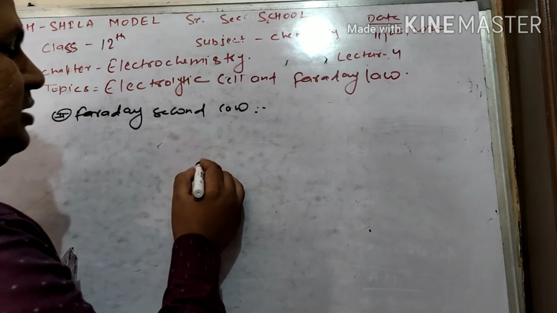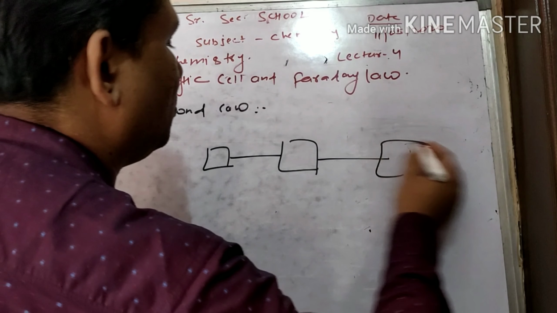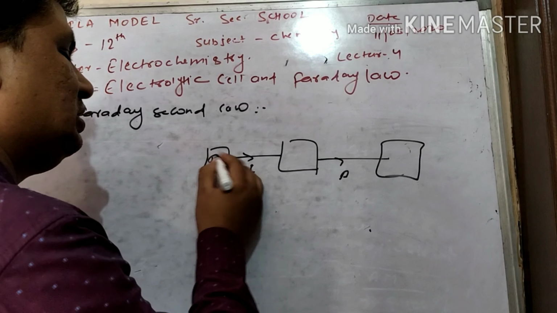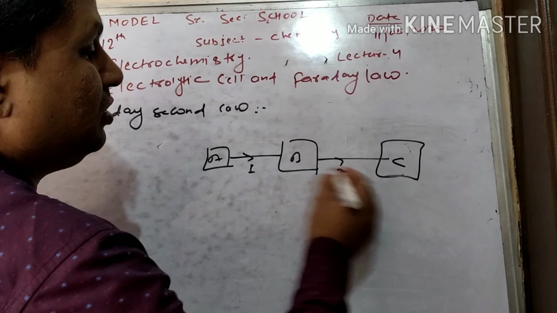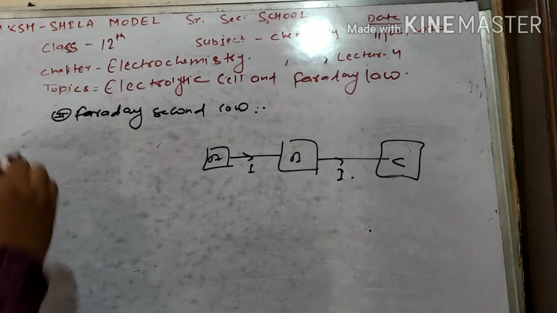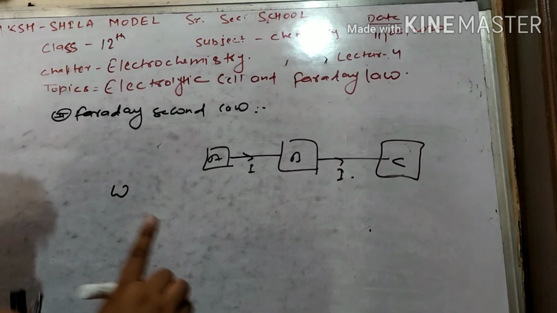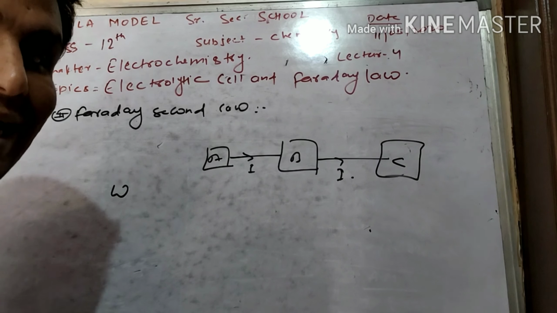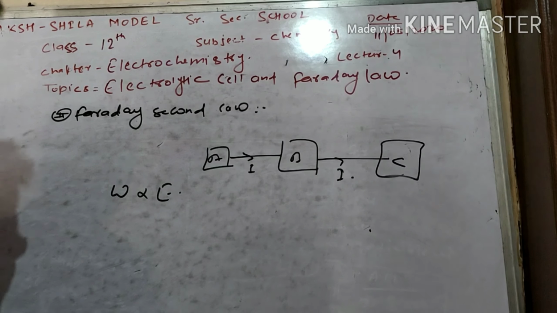Suppose two electrolytic cells, this is A, B and C. In this case the charge for each electrolytic cell is the same. So according to Faraday's second law, the amount of substance deposited or liberated at any electrode when two or more cells are connected in series is directly proportional to their equivalent weight.